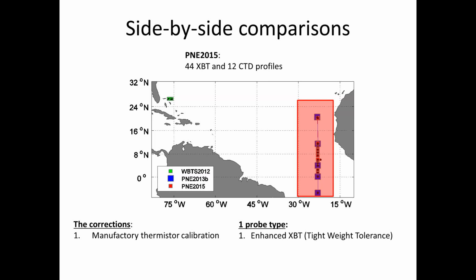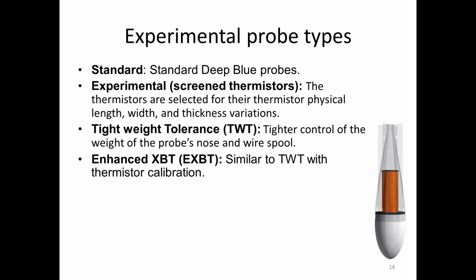So I want to talk a little bit about the probes that I just introduced. The standard is the regular Deep Blue probe. The experimental is what's called the screened thermistor, so they select thermistors with the physical properties most equal, and then there will be less variation.